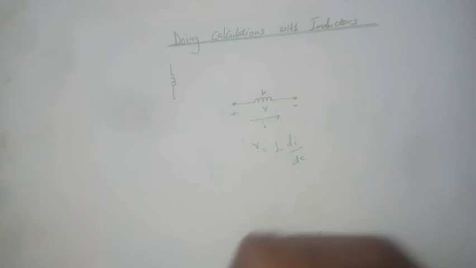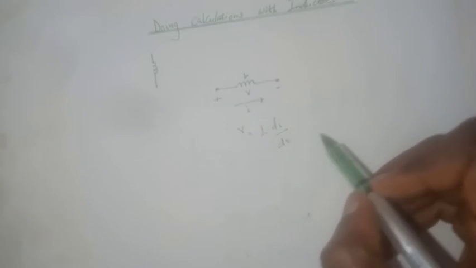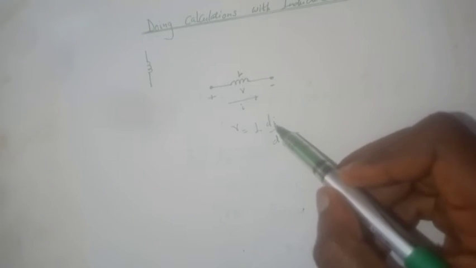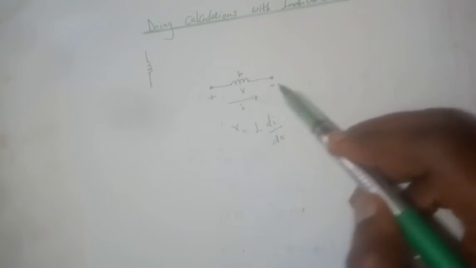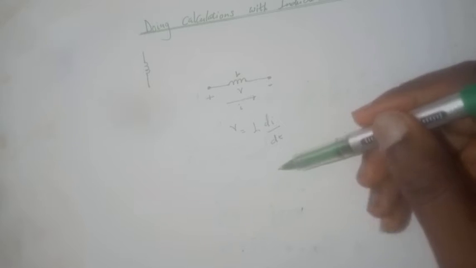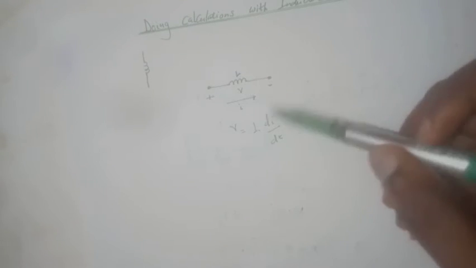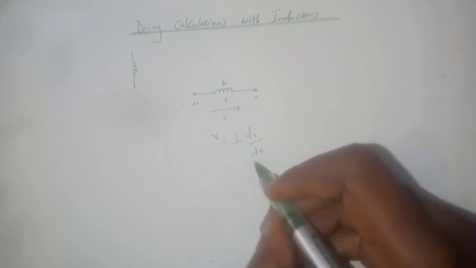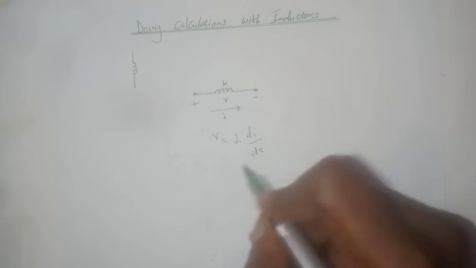The first thing we have to learn from this equation is that if you were to apply a constant current across an inductor, the di/dt would be 0.